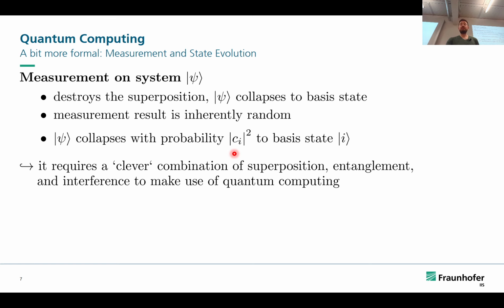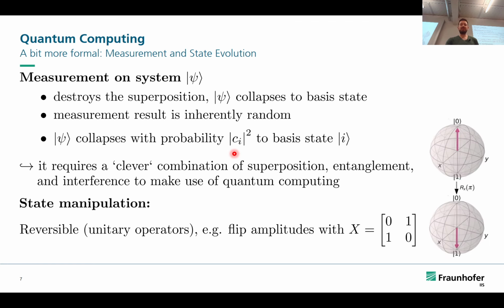And then for computing, it's always also important to be able to do state manipulation. For classical computing, it's very simple, and in principle, it's also very similar for quantum computing. So we can, for example, define this X operator here, which is just a NOT operator. If we start in the all zero state, for simple quantum systems we can represent this on this Bloch sphere here.